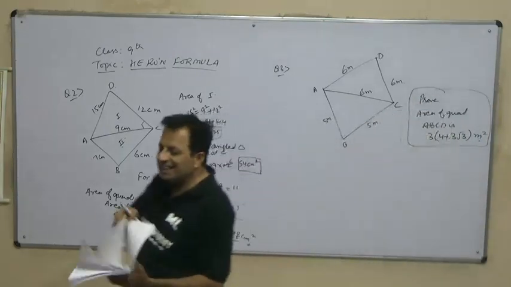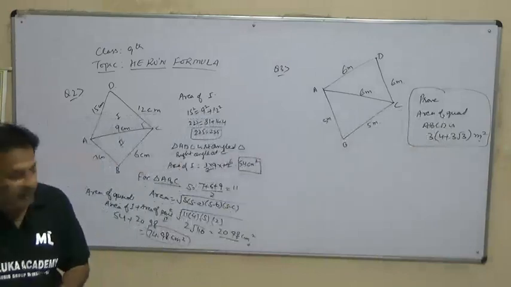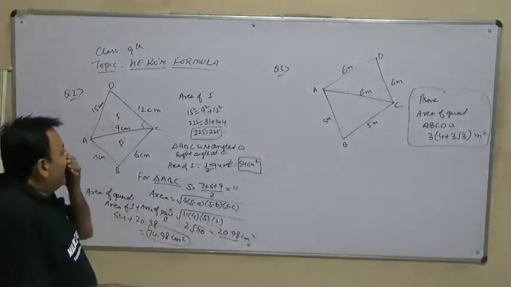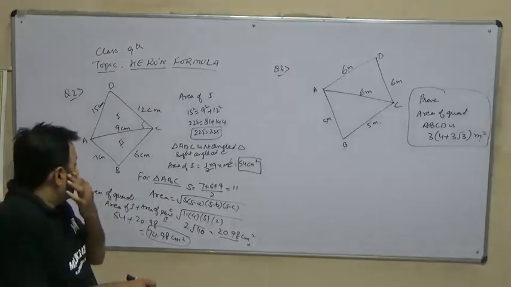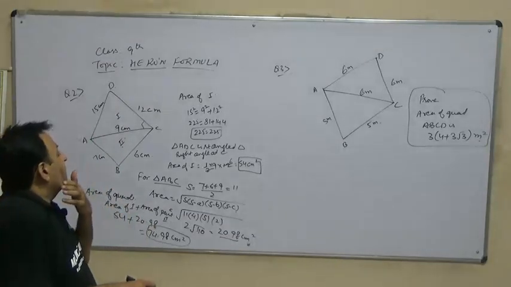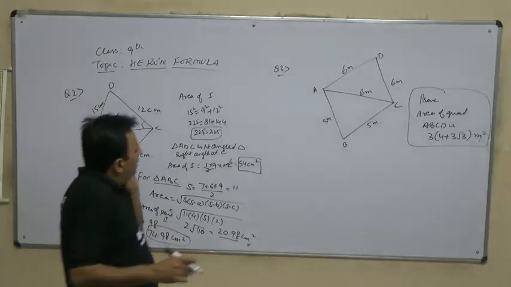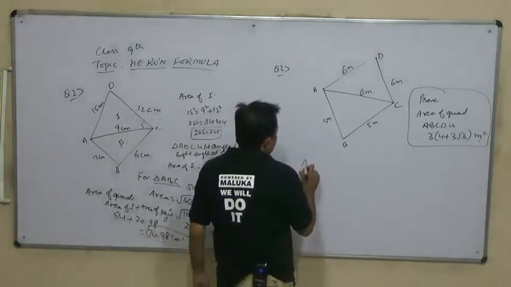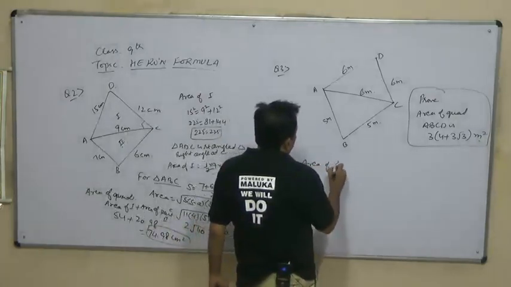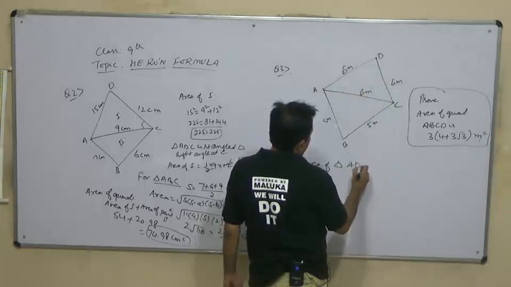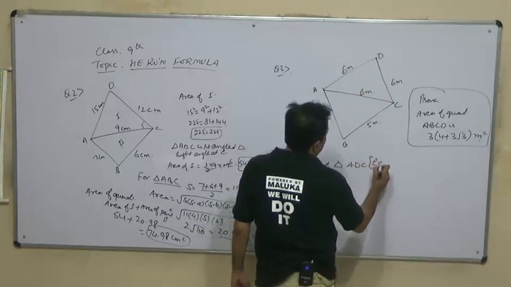As we have seen, when a diagonal divides the quadrilateral into 2 triangles, out of these 2 triangles one is equilateral and the other is isosceles. So for the area of triangle ADC, this is equilateral. Why?